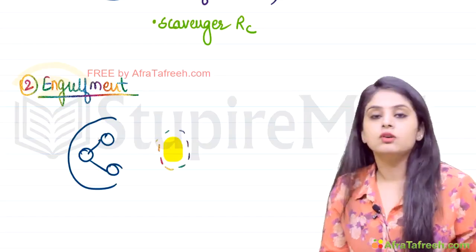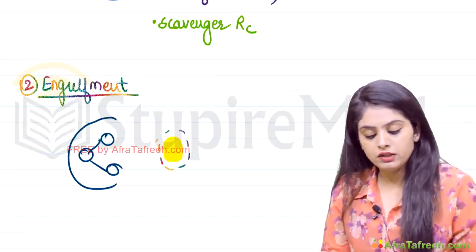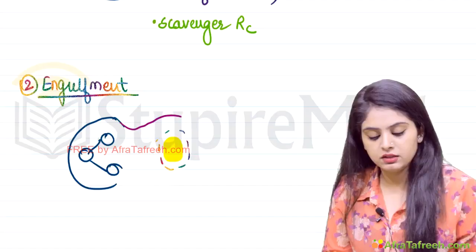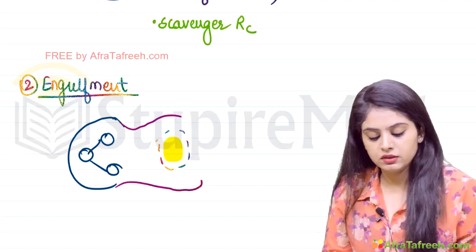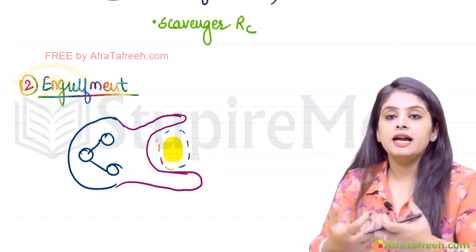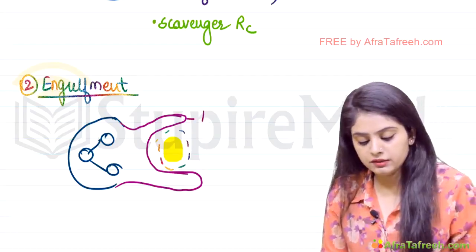Correct, it is opsonin. They have attached to each other. This particular WBC will send out certain pseudopods. Why is it sending out these pseudopods? Because it wants to engulf that bacteria and take it inside.